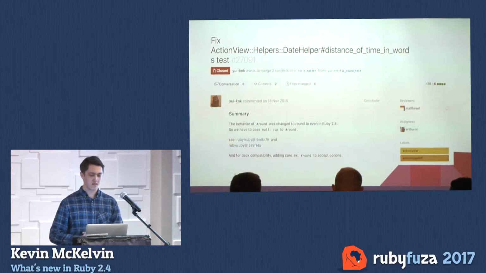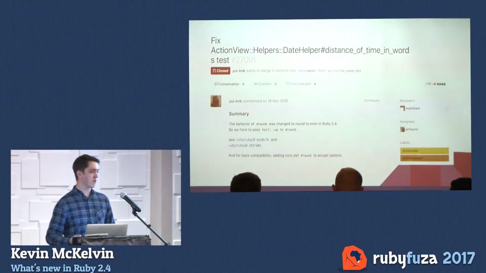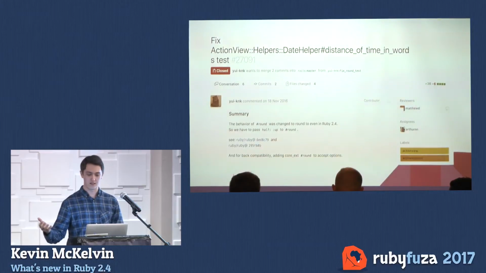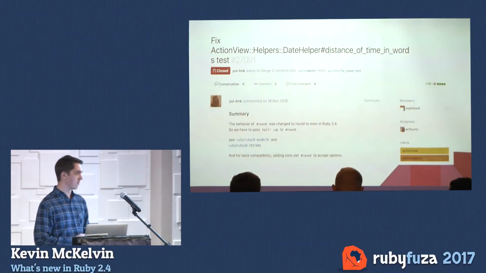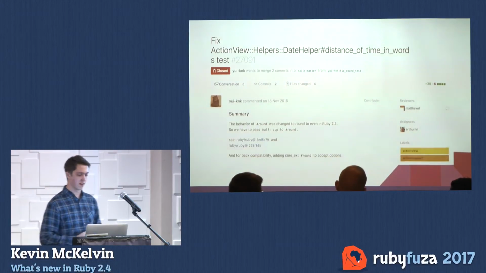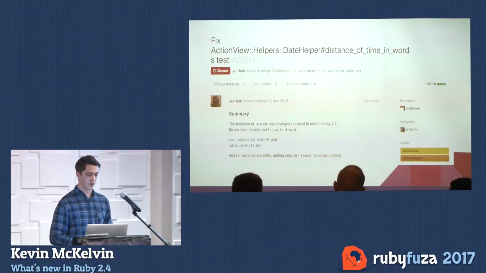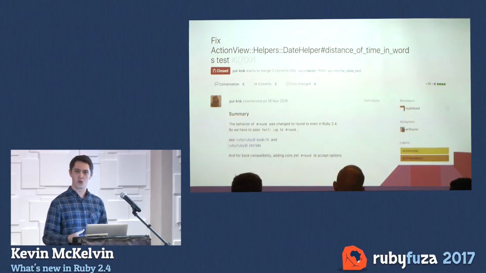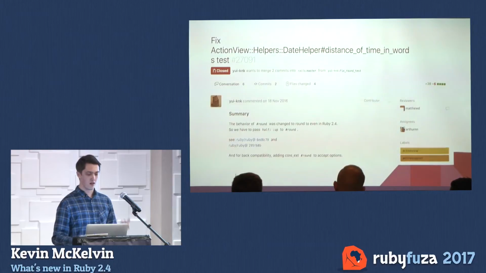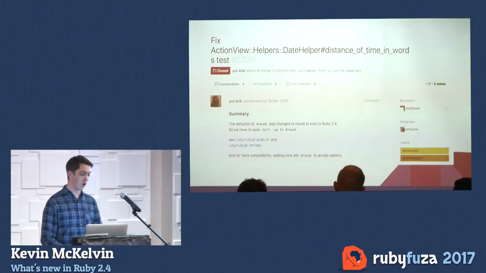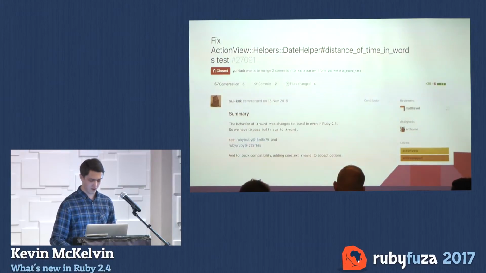As soon as this went into the preview release, this bug popped up on the Rails bug tracker in GitHub. Suddenly we had tests failing in Rails on a minor version bump in Ruby, because the way of restoring that behavior would be to pass an option to the round method to round halves up instead of using Gaussian rounding.